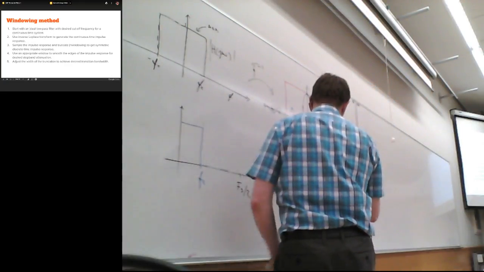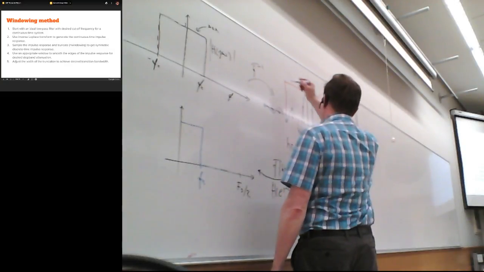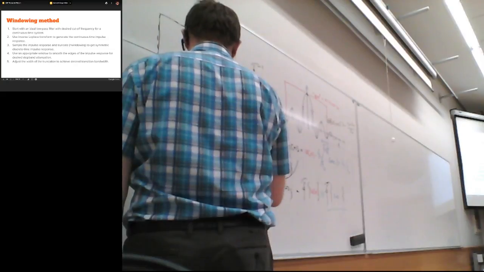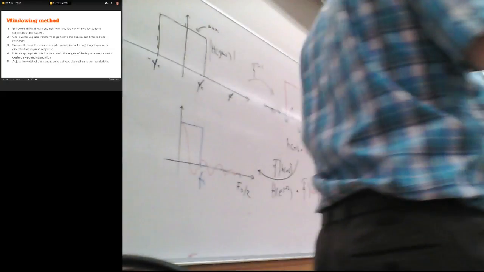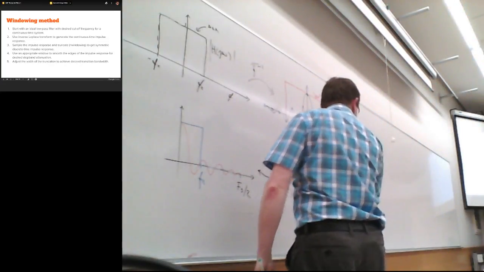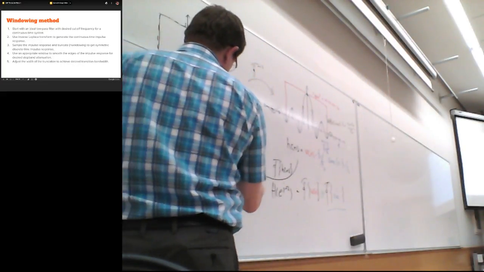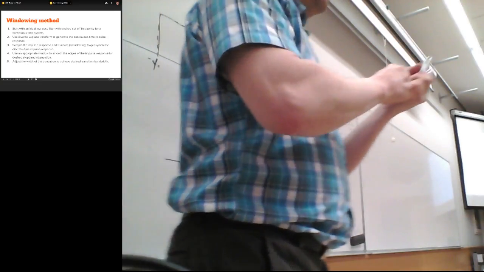This one here, the Fourier transform of the box window would be sinc in frequency space. And that one is the convolution. So when you convolve this one with this one here, you know how the convolution works, right?